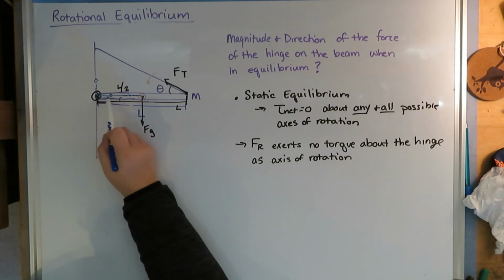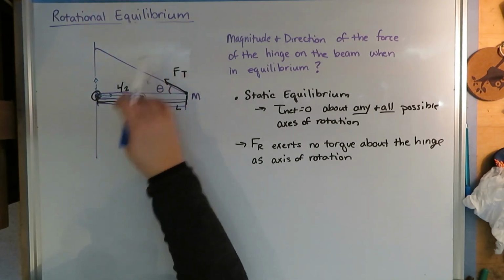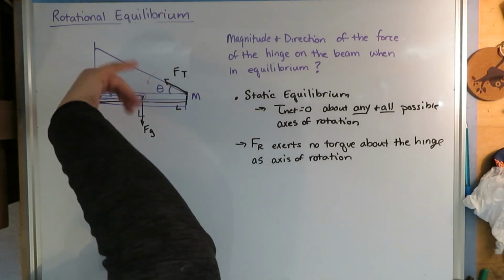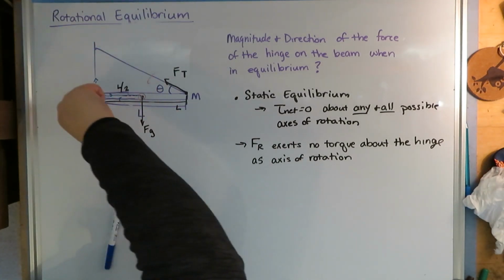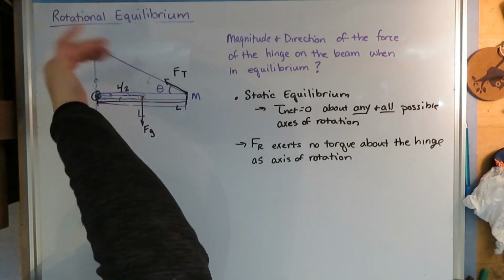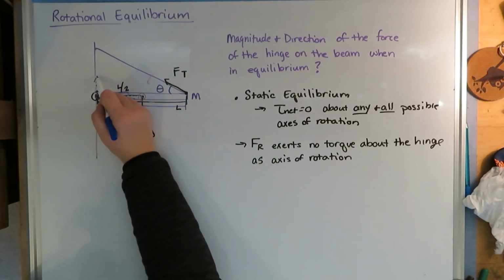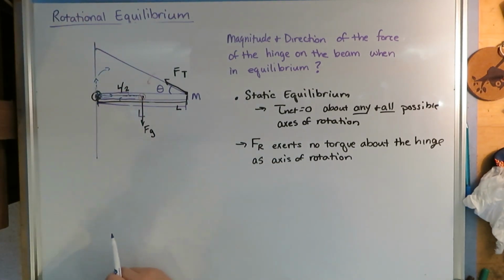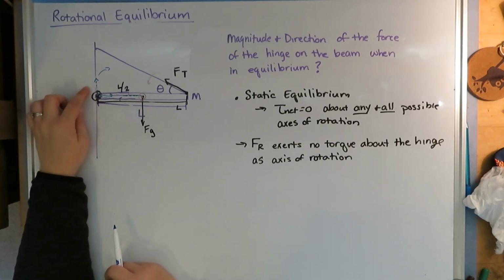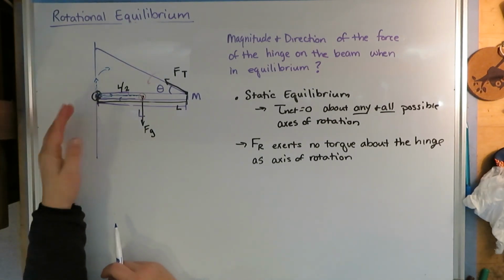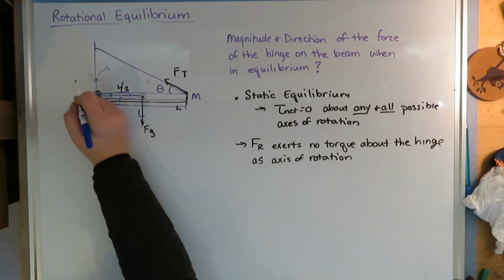So a parallel component cannot cause torque. And I need the torque to be in the opposite direction. So if my resistive force has a force upwards, that torque would cause a rotation in that direction. So I know that at least some component of that force has to be upwards. My resistive force does have to have a y component.